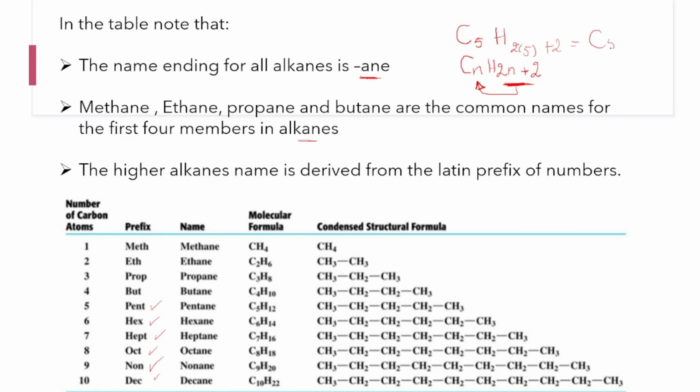So C5H12 is pentane. All alkanes follow this general formula. Whenever I have a hydrocarbon that follows this rule regarding the number of hydrogens and carbons, this hydrocarbon is an alkane.